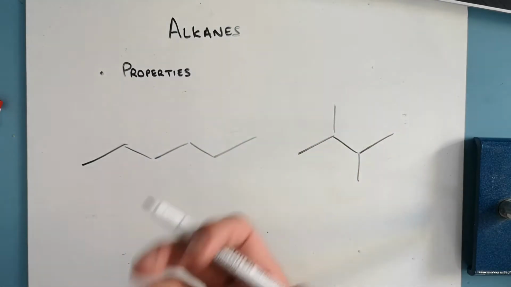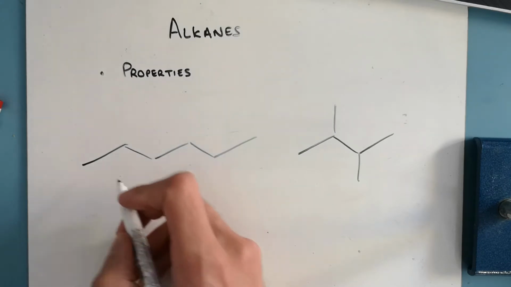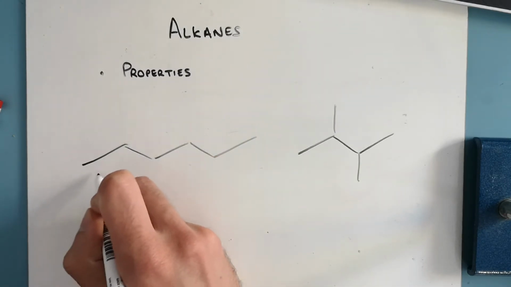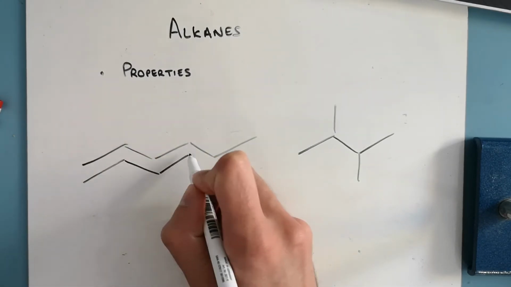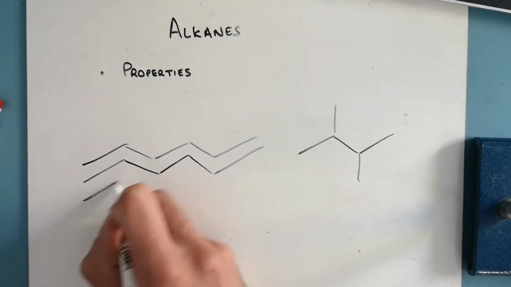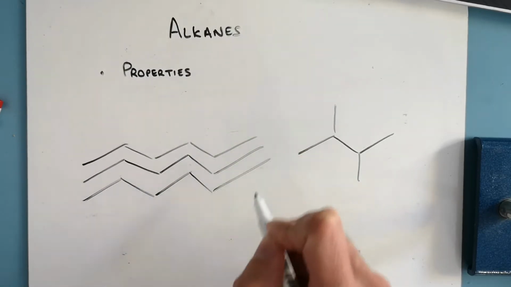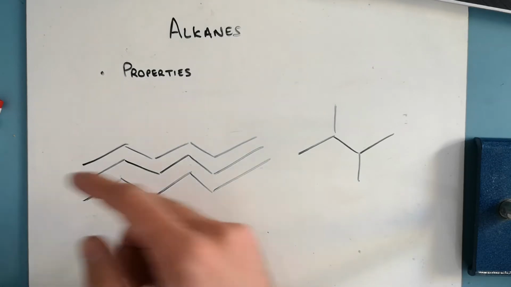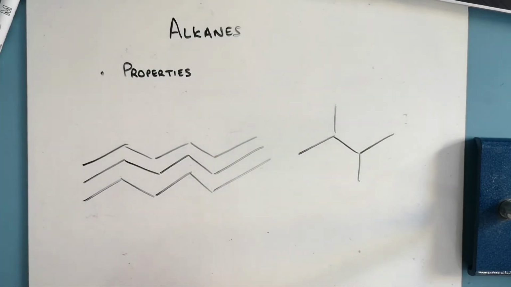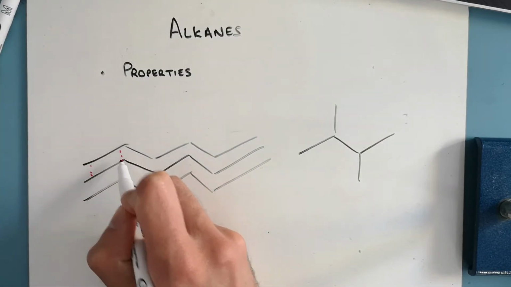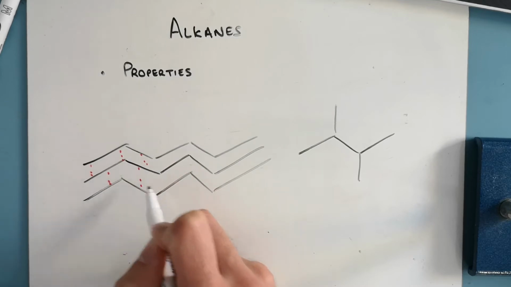And so what happens with the hexane? They've both got the same number of electrons, so you'd expect the forces between them to be exactly the same. But what this hexane can do is layer very, very neatly. And what that means, if it can get into this kind of layered pattern, is it can have lots and lots of interactions with neighbouring molecules.